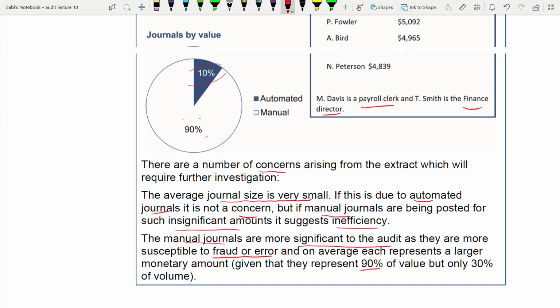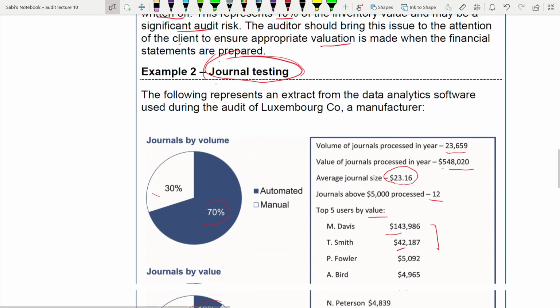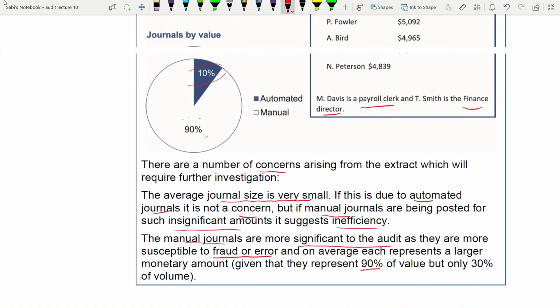But if you go by the volume, manual is only 30%. It's less by the volume. Automated journal is not our concern because risk, fraud and error taking place in automated journal is highly unlikely compared to manual. That's why we are working on manual.